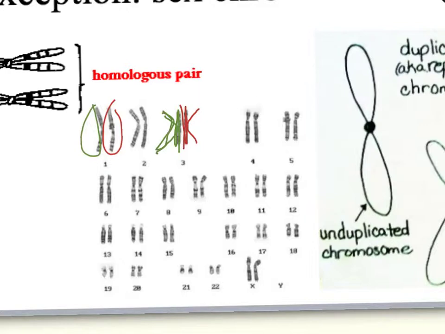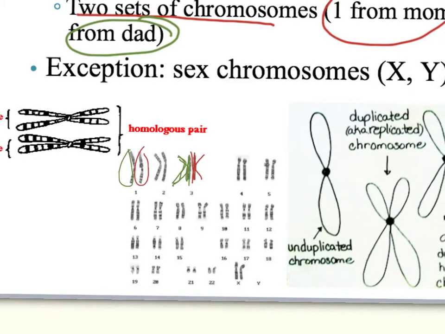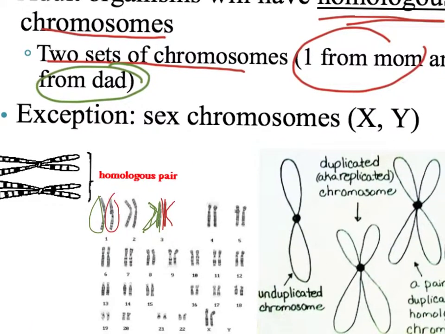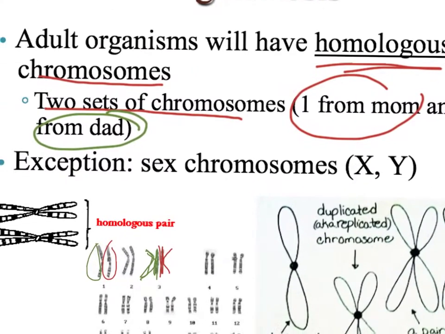That is a homologous pair. One comes from mom, one comes from dad. The only exception is our sex chromosomes, because you either have an X and an X or an X and a Y. So two sets of chromosomes, homologous pairs.